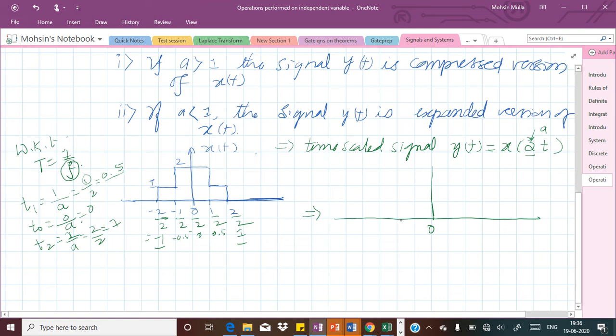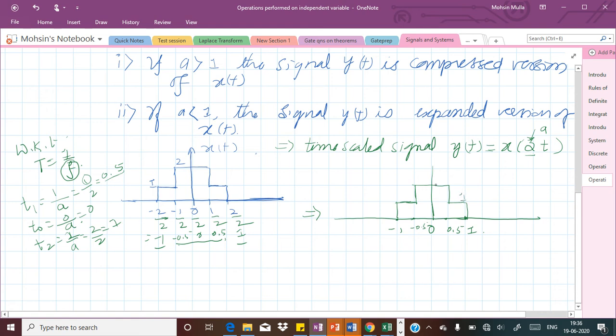Let me mark this as -1, -0.5, then +0.5, then +1. Between -1 to -0.5 the magnitude will be 1 as it is, from -0.5 to +0.5 the magnitude is 2 as it is, and from +0.5 to 1 the magnitude is 1 again.